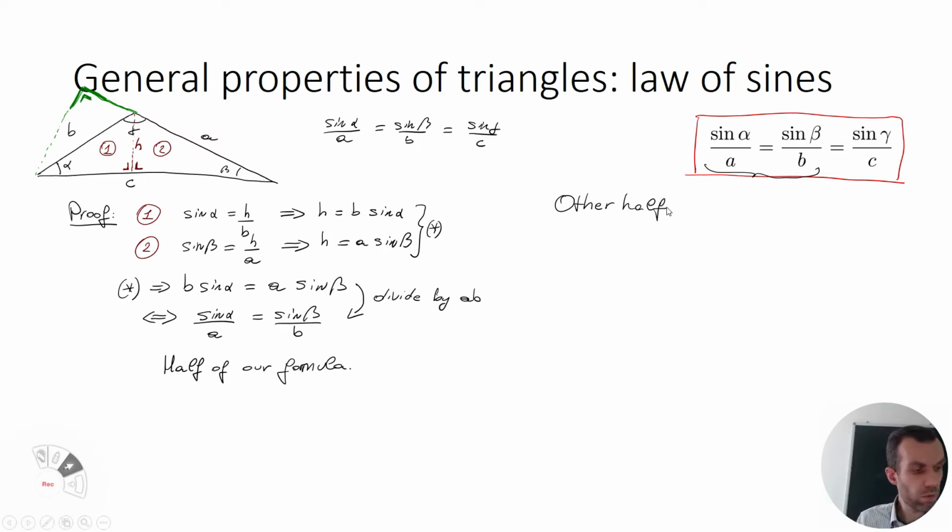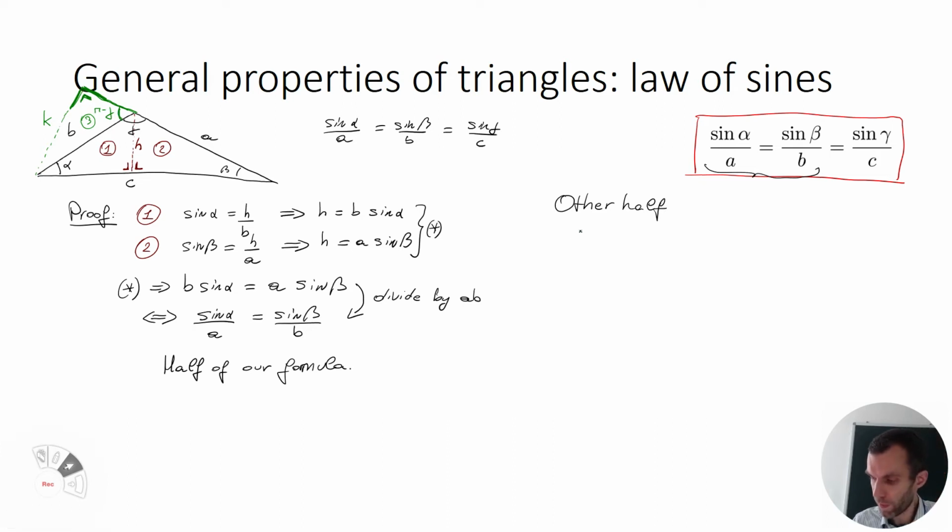Let's have a look now at what we can do in triangle 3 here. Let me call this side k. And if I look at this angle right here, I see that this is pi minus gamma.